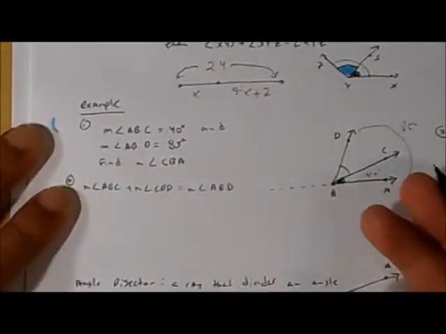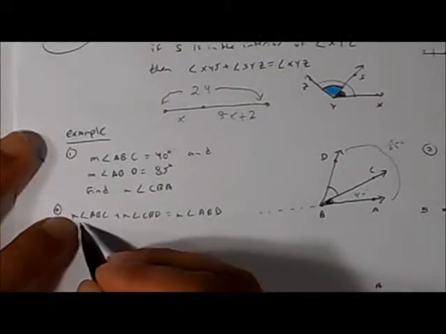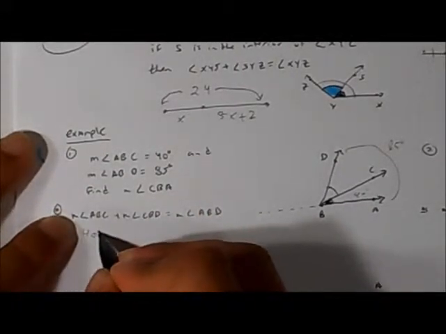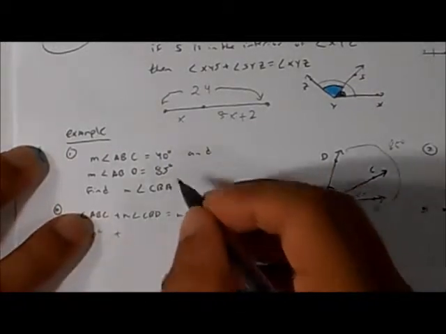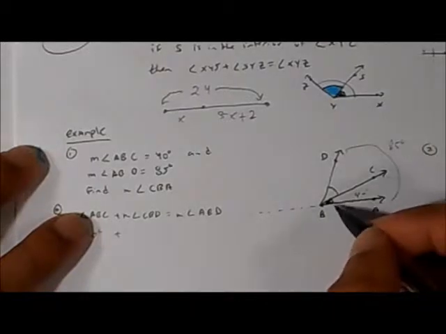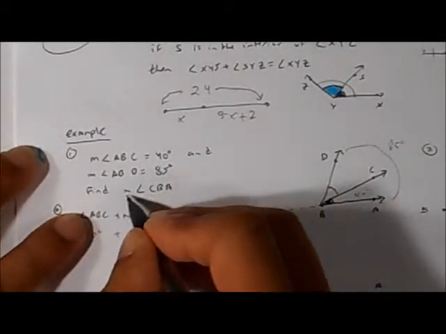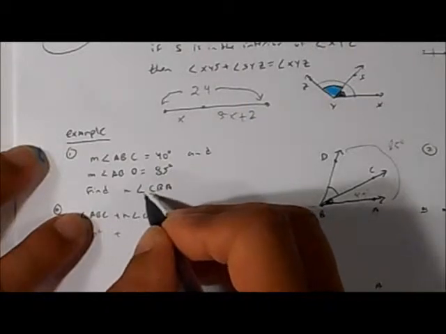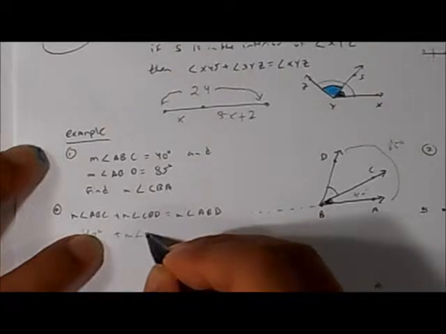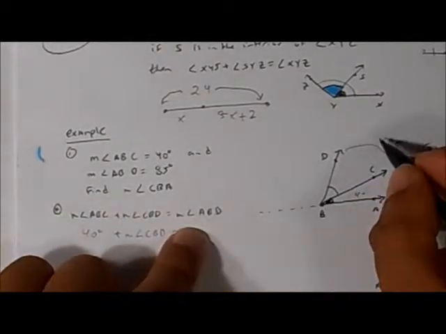Now let's go ahead and use our angle addition postulate. We have the measure of ABC right here, 40 degrees, plus the measure of angle CBD. My mistake, we're asked to find the measure of angle CBD, so let's jot that down. So how long is the whole entire angle?